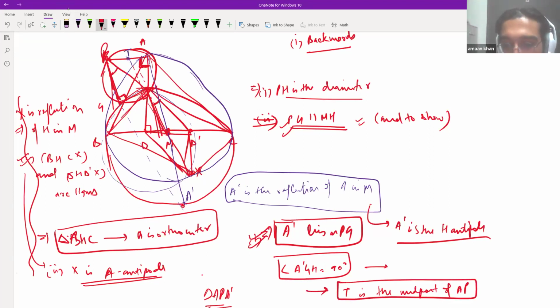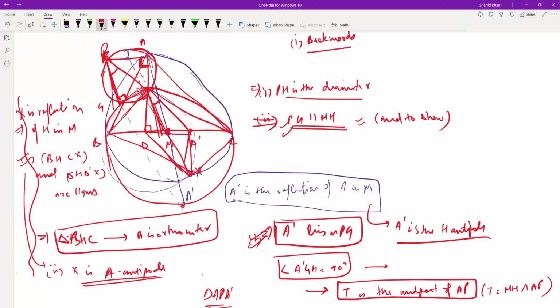We need to show this. And how we have defined T is MH intersection AP. We need to show that T bisects AP.